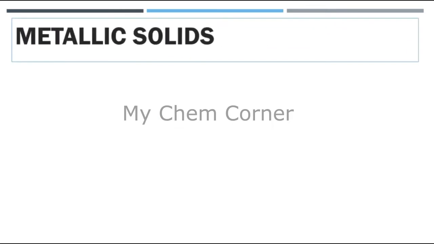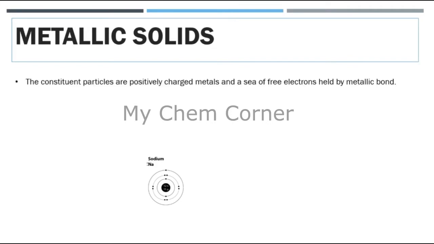Now the next one is metallic solids. For metallic solids, you can take any metal like sodium, potassium, lithium. The constituent particles in a metal are positively charged ions, cations, and a sea of free electrons held by metallic bonding.